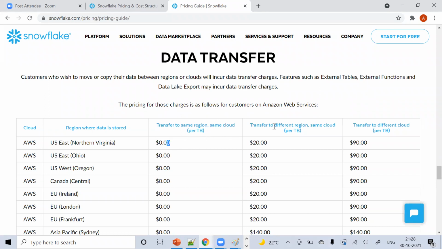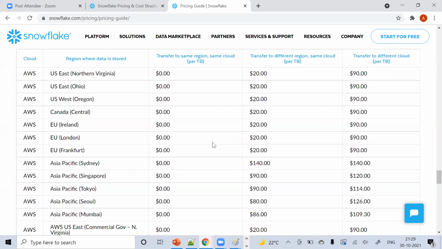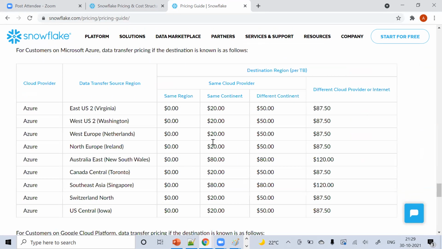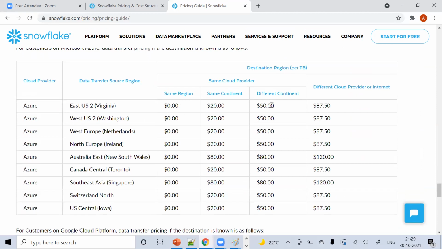But if you want to transfer to a different region, for example, from Virginia US East to Ohio, or to Asia Pacific, it will be $20 per TB, but same cloud. If you want to transfer to a different cloud, maybe Azure or GCP, it will be $90. That's how these prices are provided by Snowflake. You have Azure charges also, within the same provider and to another cloud provider.